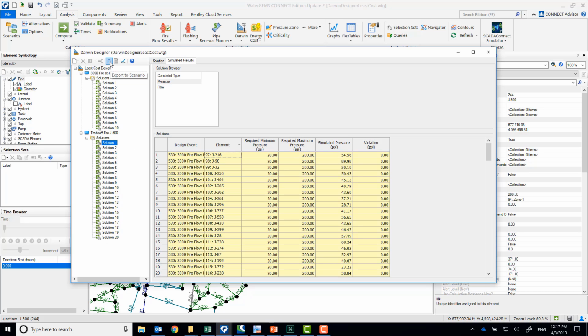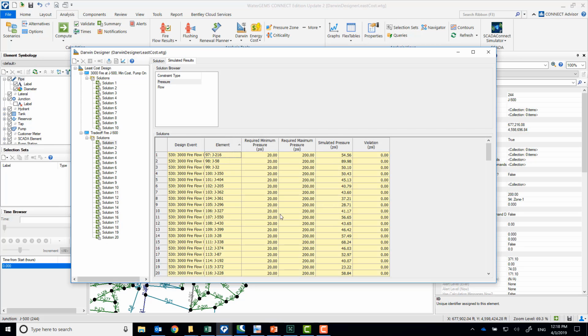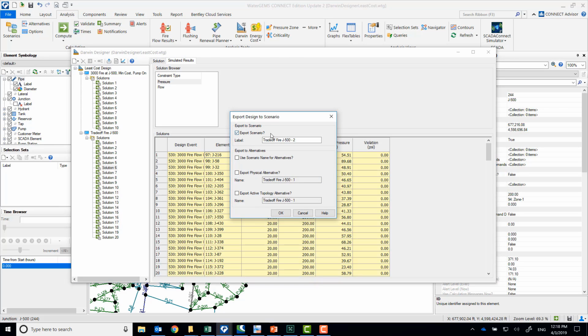It's easier. I'm going to export this. I'm going to say trade-off. Yeah, I'm going to leave that same name, Fire 1. And I'm also going to export solution 6. Let's name it 6 so we know exactly what it is that we're talking about.